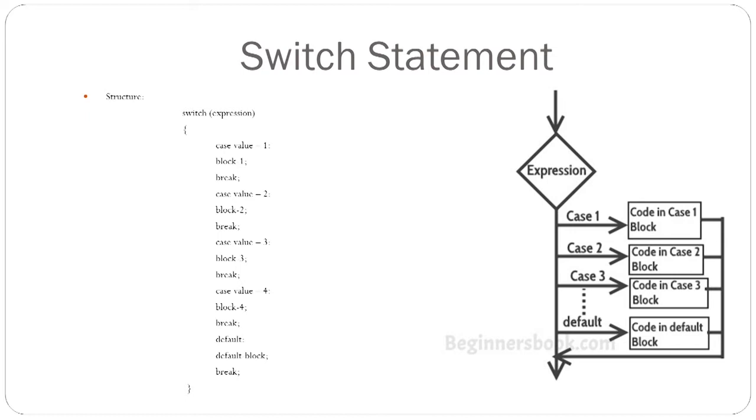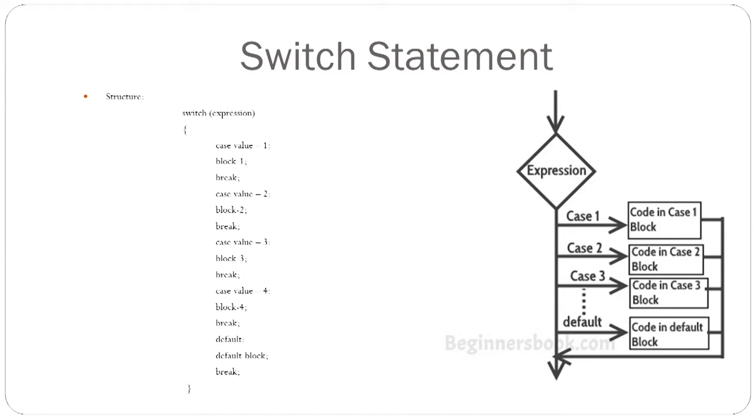The structure of a switch statement is like this. When we get a specific value, then the specific block of code should be executed. Here the expression is given by the user.